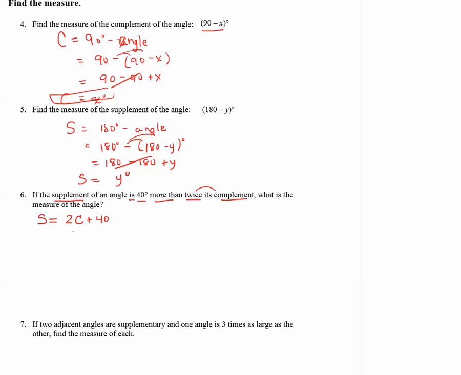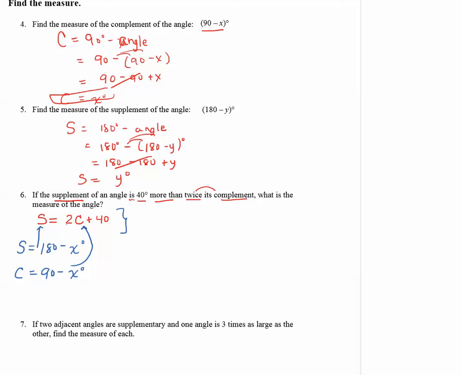First, the supplement is 180 minus the angle, and I'm going to let the angle be x degrees. And the complement is 90 minus that angle, x degrees. So I have 2 separate expressions, one for the supplement and one for the complement, that I can substitute into the first equation for S and for C.